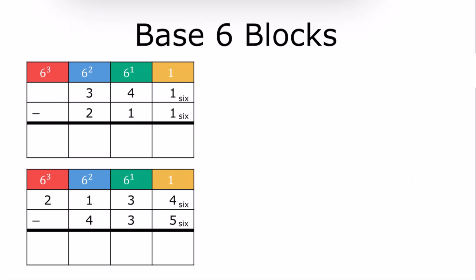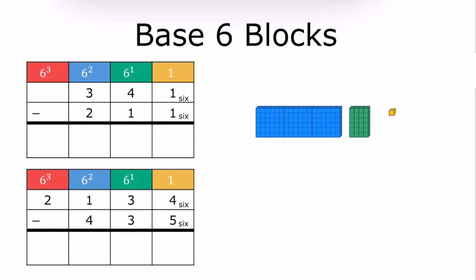When you're doing multi-digit subtraction, it's helpful to use the base 6 blocks. So if I have 341 base 6, I'm going to have 3 of my 36 blocks. So there's my 3. Then I'm going to have 4 six rods. So here's 1, 2, 3, 4. And then I'm going to have 1 unit block. If I want to take away 211 base 6, then I can take it away place value by place value.